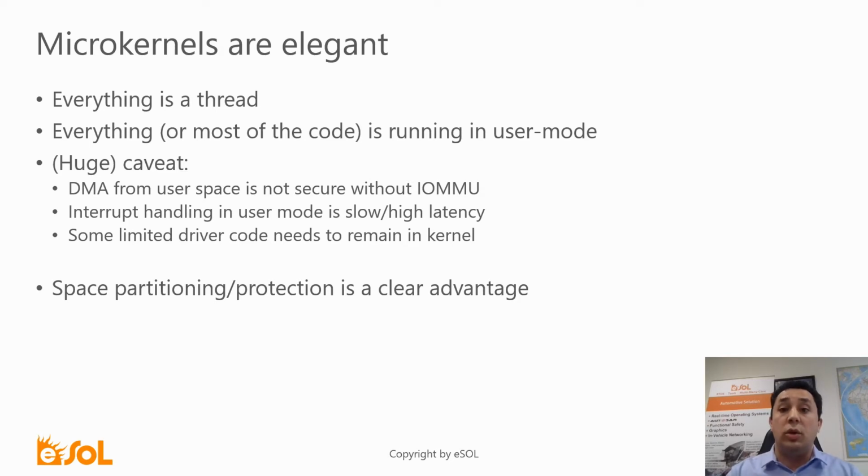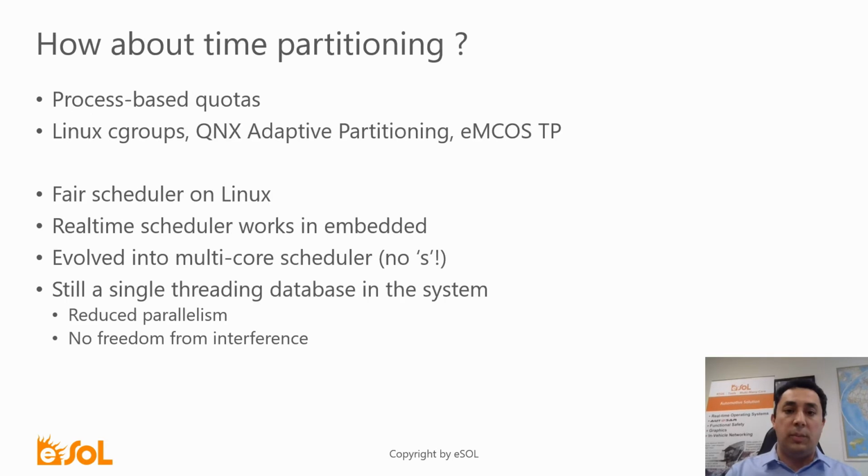The interrupt controller code needs to remain in the kernel, for example. But still, the possibility to organize the memory, a memory hierarchy, and separation between components on the platform makes it a clear advantage for the stability, the robustness, and the scalability of the design in terms of memory. So that clears up space partitioning.